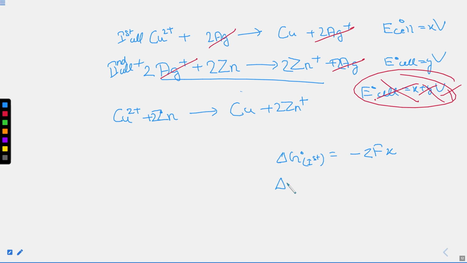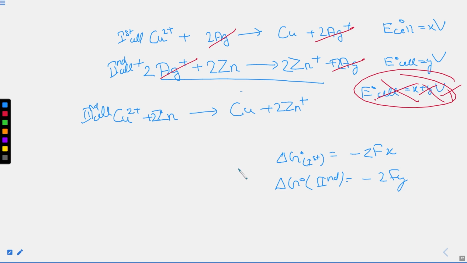It is 2. Similarly, we will write delta G naught for the second, and it would be minus 2Fy. Now we have to calculate it for the third reaction, suppose this is our third cell.